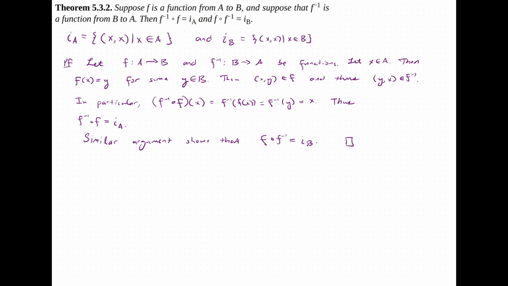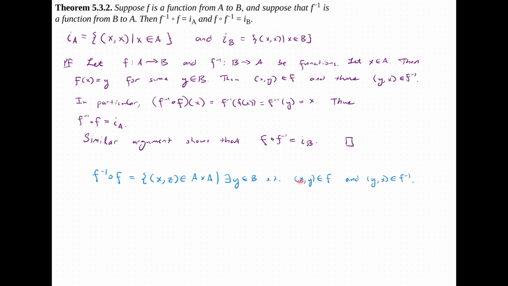But now, to emphasize what I'm saying out loud, by definition of f inverse compose f, this is the set of tuples x comma z in the Cartesian product of A with A, such that there exists a y in B such that f of x is equal to y, or how we used to write it in the notation of relations, x comma y is in f, and y comma z is in f inverse.